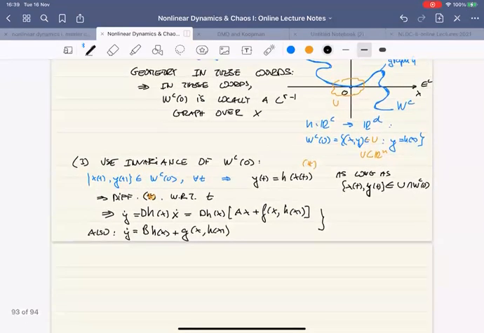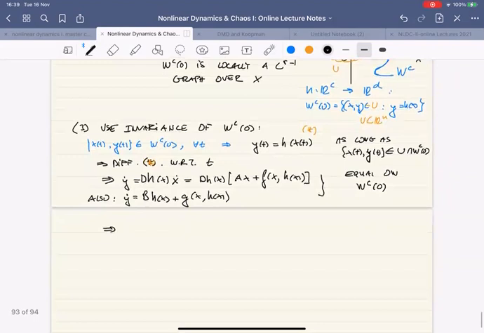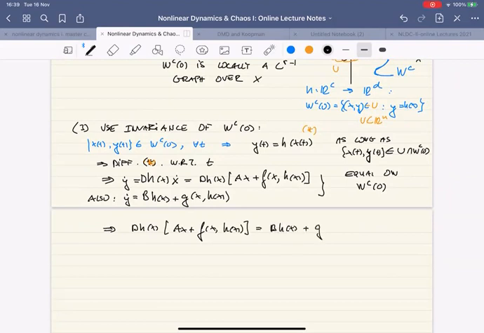So when I then say that these two must be equal on the center manifold, that implies that I can take the right-hand sides of these equations and equate them with each other. So I take the first one, dh(x) multiplying Ax plus f(x, h(x)). And that should be equal to B times h(x) plus g(x, h(x)).